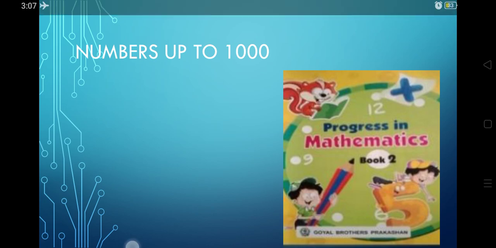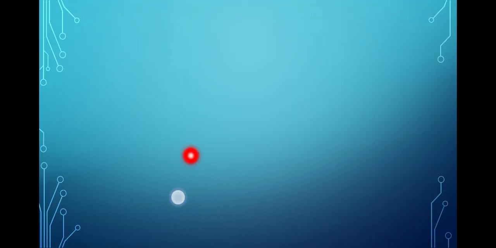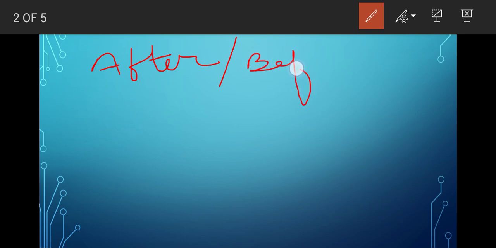First let me discuss after, before and between. So after, before and between means what comes after. Let me write down here: after, before and between.